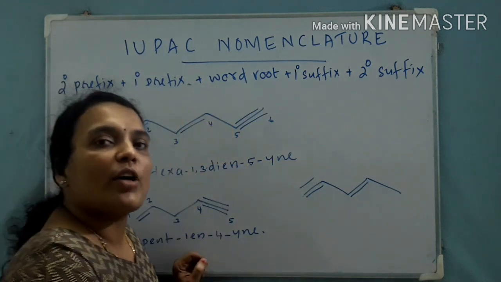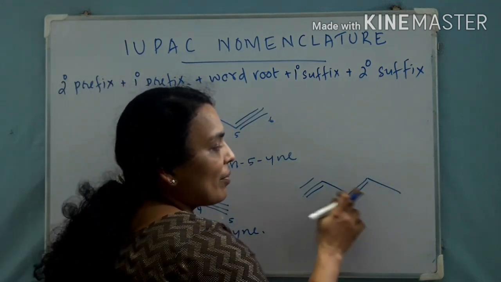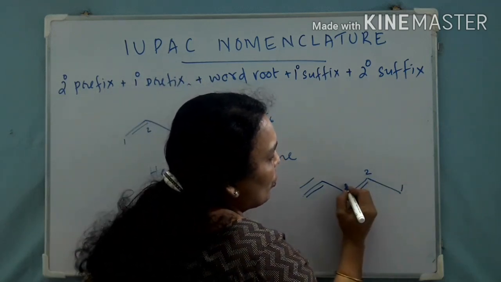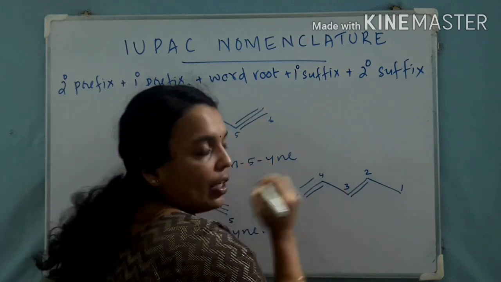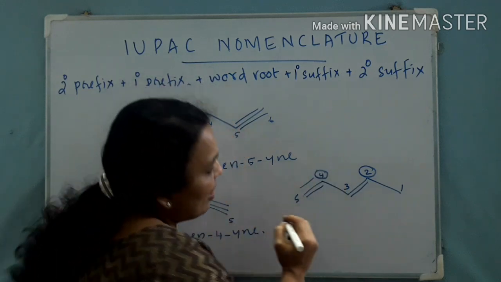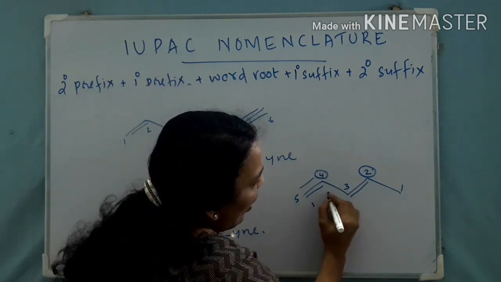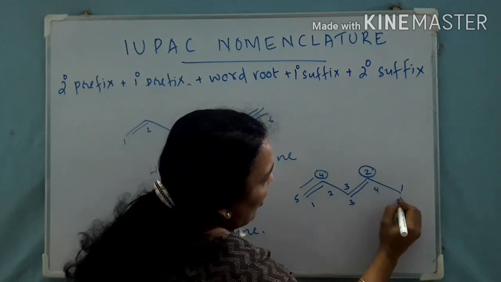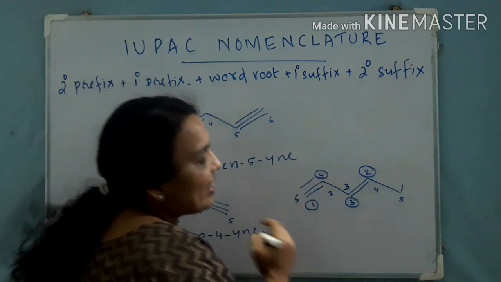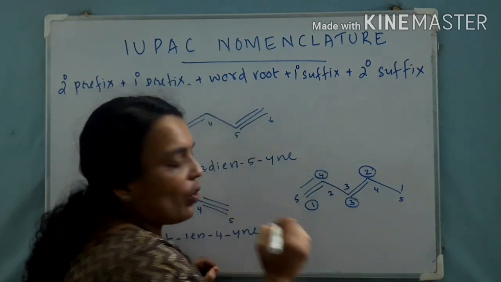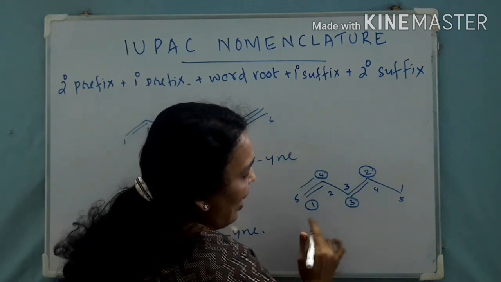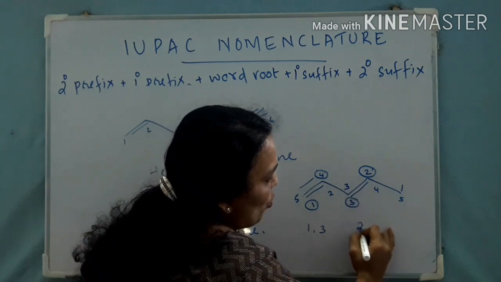Here, in this case, how can we number? We said the double bond should get the least number. Suppose you are numbering like this, 1, 2, 3, 4, 5. So the double bond is present in the second position and the triple bond in the fourth position. Suppose we are numbering the other way, 1, 2, 3, 4, 5: 1 and 3. In this case, we have to use the lower set of locants. This is 1 and 3 and this is 2 and 4.